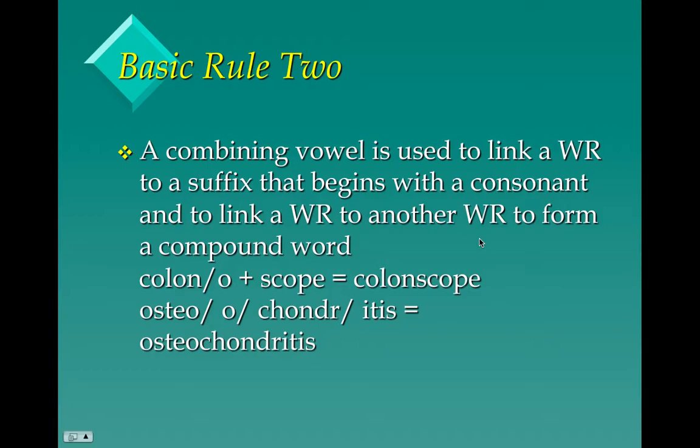So when you have that combining form, usually with the O, you can add the suffix or you can add another word root. So here we have colon, O, there is your combining form, plus your suffix, so colonoscope, or you can have oscopy, colonoscopy. Okay.